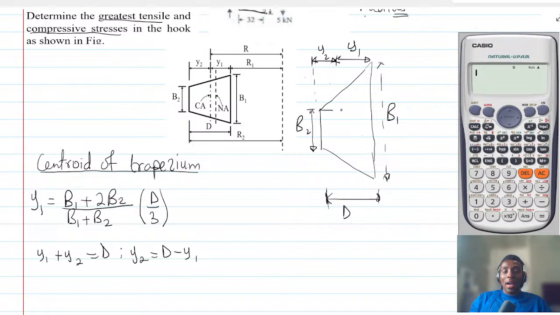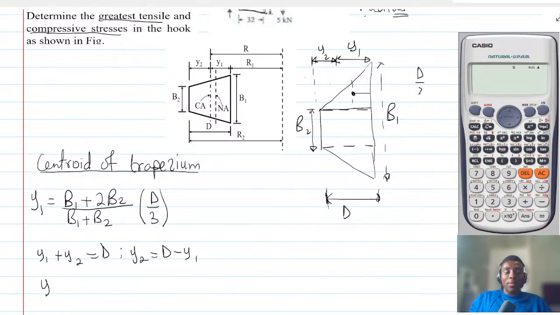You can also look at a trapezium as two triangles and a rectangle. So the d over 3 here is because it is actually a triangle, and for triangles the centroid will be at a distance d over 3, or 1/3 of the height from the base.